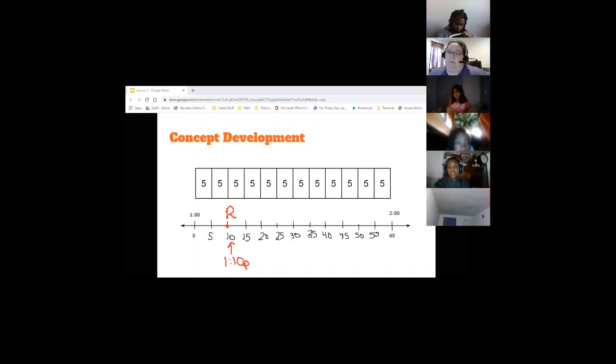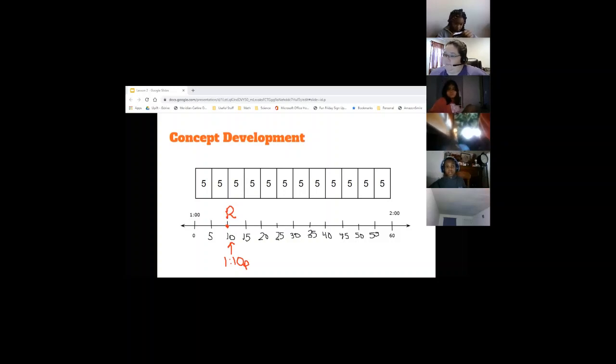Christopher, do you want to help him out? Where am I going to plot 1:35 on my number line? I'm hearing some things. At the 35. There we go. It says at the 35.